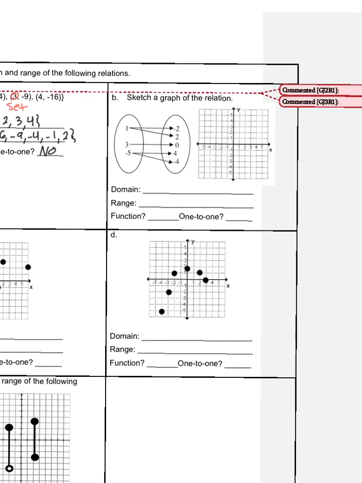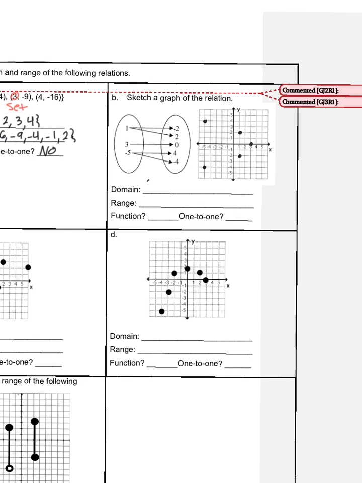Part B, it wants us to sketch a graph of the relation and list a domain and range. So I'm just going to plot these points. So I've got 1, -2, 1, 2, 3, 0, -5, 4, and -5, -4.